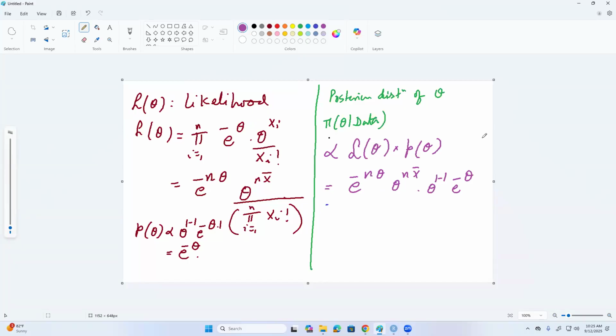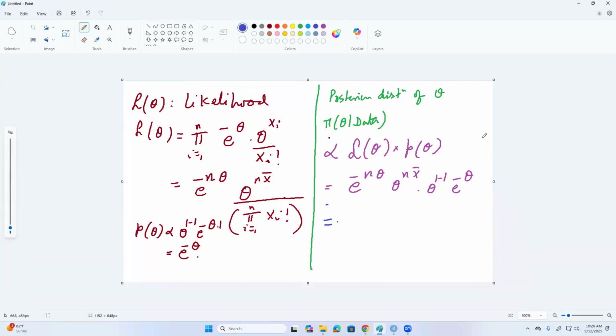And I did not write the term product of xi factorial in the denominator because that does not involve any parameter. So I just ignored that term. I took the terms involving theta.